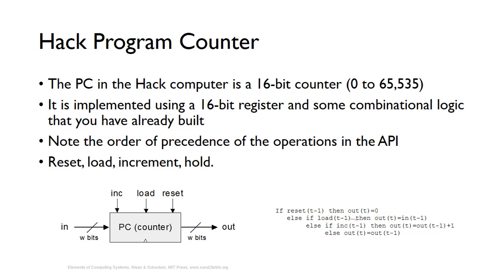Else if increment, then the output just increases by 1. And if we don't do any of those, we just hold and the output stays the same. So if all these bits were 1, trying to select all of them at the same time, it's actually reset that takes priority because it is at the top here. This shows the order of priority: reset, load, increment and hold.